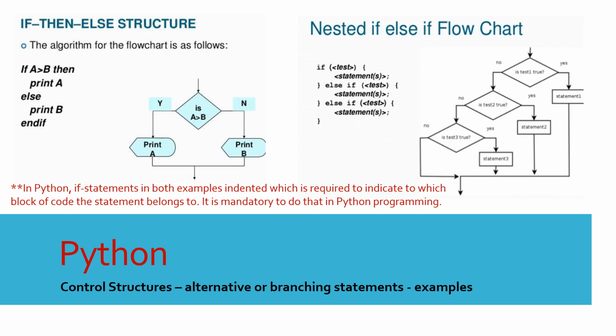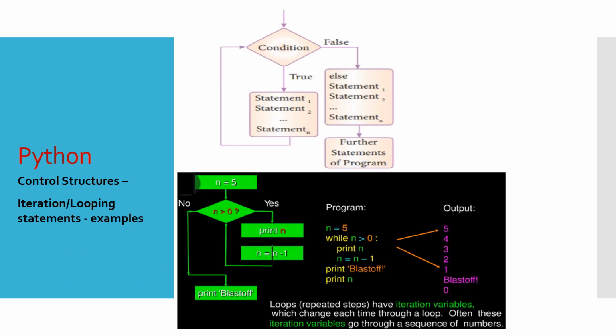In Python, one of the writing styles is that you need to indent it, meaning you need to give spaces and put a tab to make sure the statements are clearly structured. Only then will Python understand the statements when you're running the program. So these are the best examples of the branching statements, the ones you're seeing above, as well as nested if.